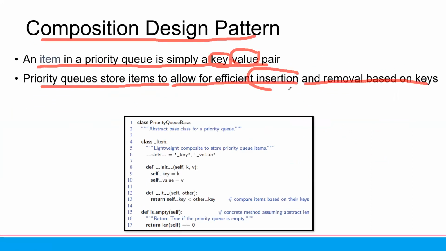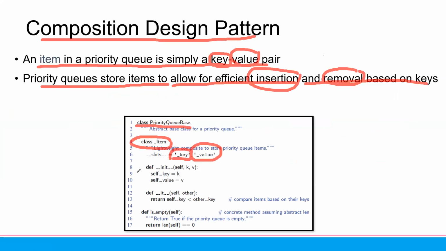These are the two basic operations whenever we have a data structure. We can create the class PriorityQueue, and we have the class Item. In the class Item, we define the items with two properties, which are key and value.